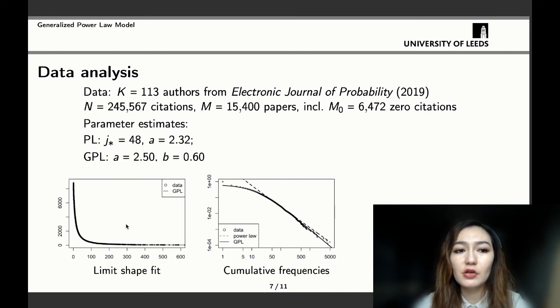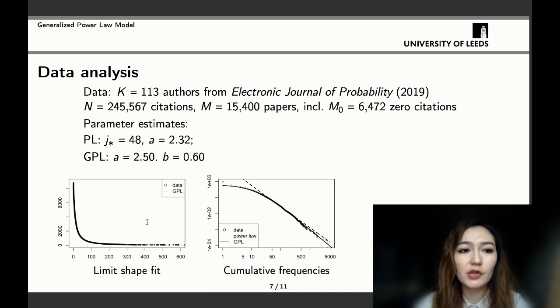The total number of citations, capital N, and the total number of papers, capital M, are given on the slide. There are more than 40% zero citations, so we decided to omit these papers when we fit the models. Estimated parameters are given here.